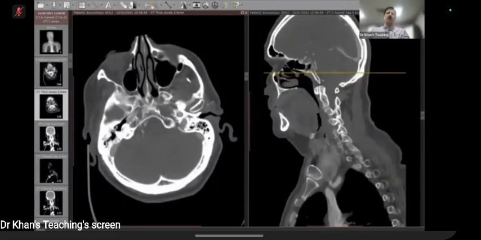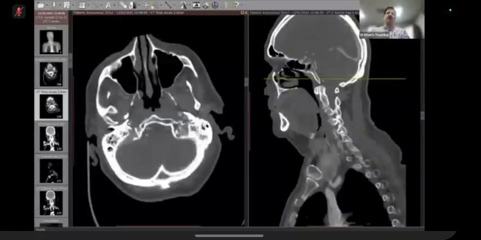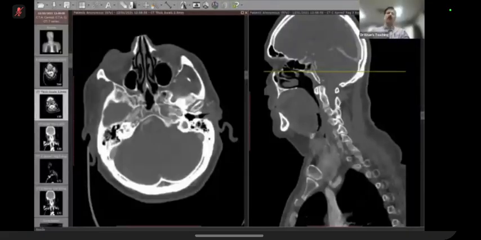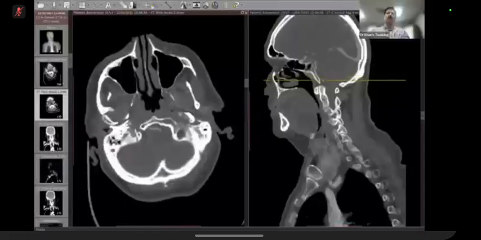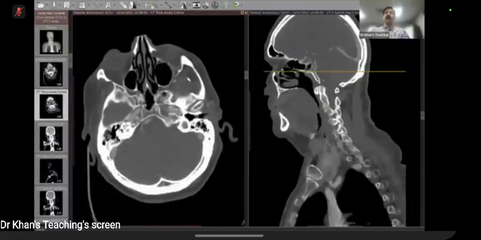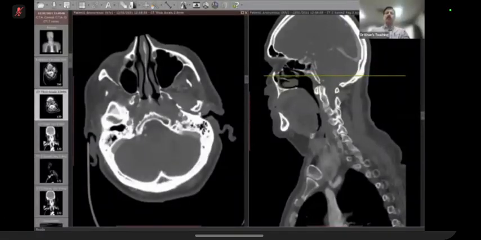Now, on the other hand, the carotid artery is anterior to the middle ear cavity. So these 2 points are important for you to remember. So this is the middle ear cavity, and the carotid canal is anterior. There are normal variants in which this bone will be dehiscent and the internal carotid artery can project into the middle ear cavity.